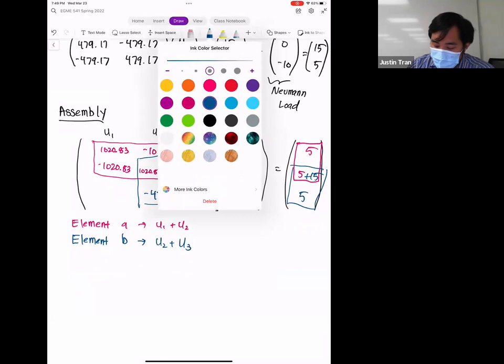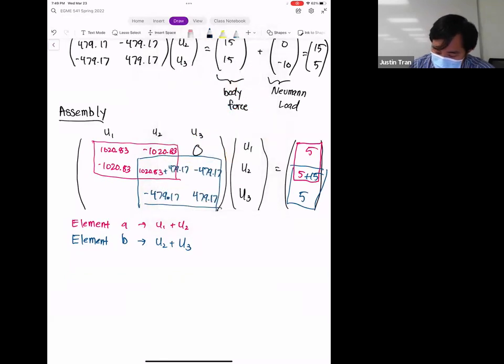All right, so let me go ahead and clean this up because we have to add in our zeros as well, because this is 0, this is 0.